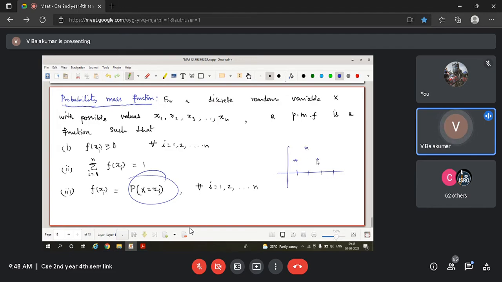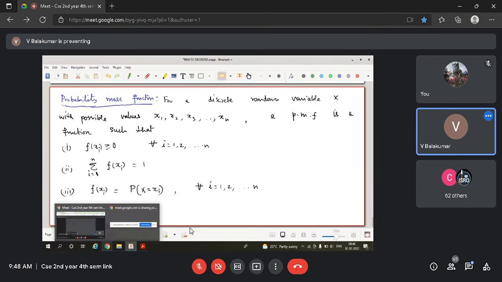For this, you are assigning a weight, something like that. This we have already seen, and so I do not write here. Do you understand this?